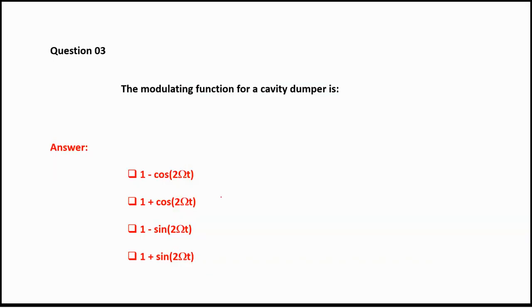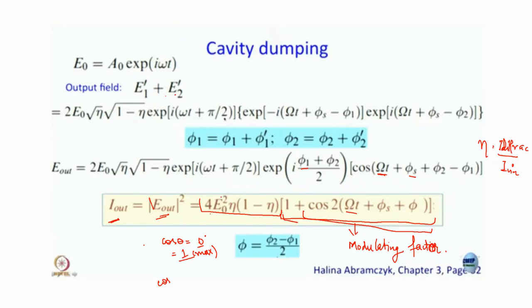Therefore, for the maximum value, what is the rule given? For the maximum value, cos theta should be 1.